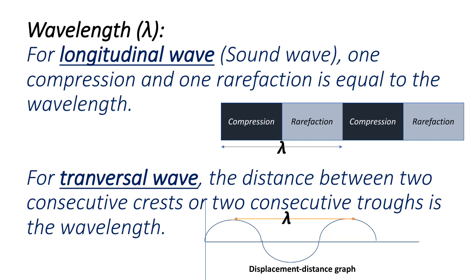Now below the graph you can see a displacement-distance graph is given here. From this graph we can get the wavelength. On this x-axis the distance is taken, the distance up to which the wave has traveled. And this is the displacement, meaning the maximum displacement from the mean position when the particle is vibrating.